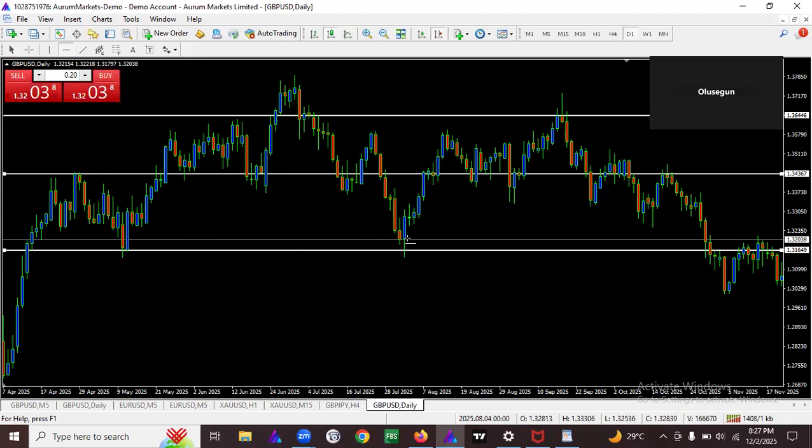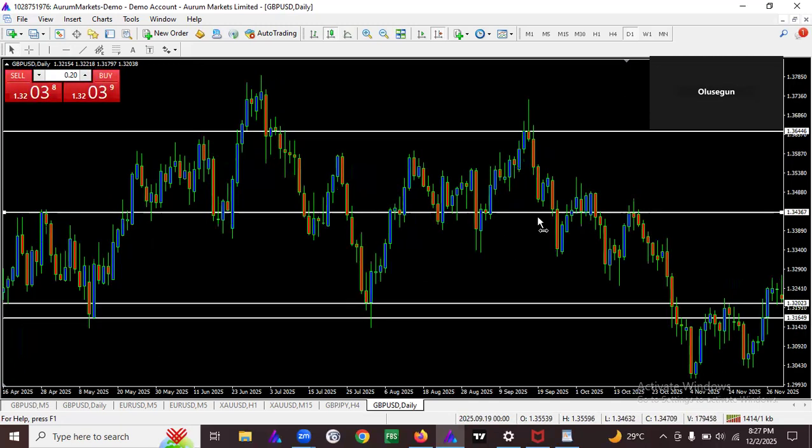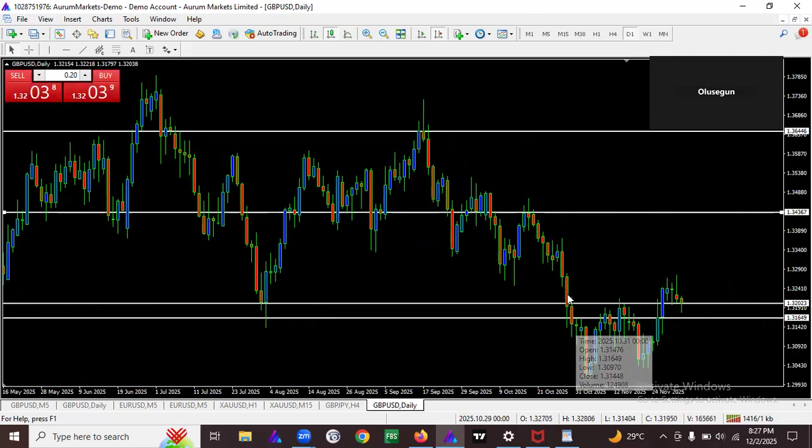So we identify this support here too. This is your support zone now. And what played out here? Price broke out from that zone, and there was a retest. You can see the retest.